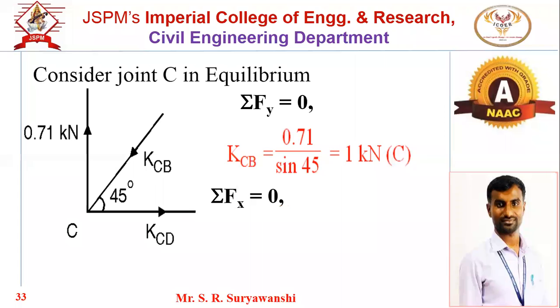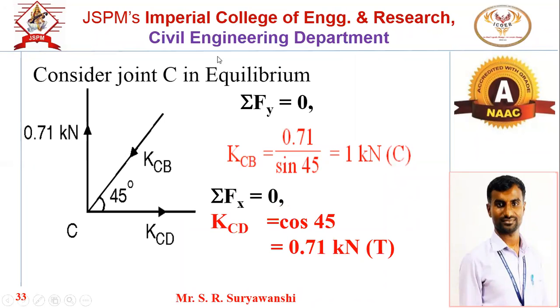So if I make summation Fx equal to 0, in that case KCD will lie purely on the positive x-axis. So I will simplify here also, summation Fx equal to 0. KCD, the force in member CD. Again this KCB is compressive, lies in the third quadrant, and its x component will be minus KCB cos of 45.